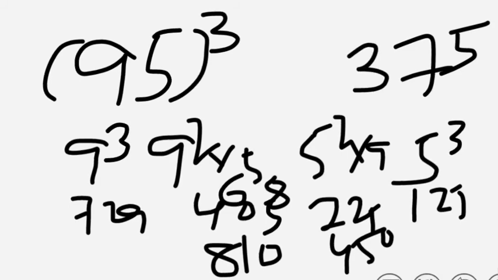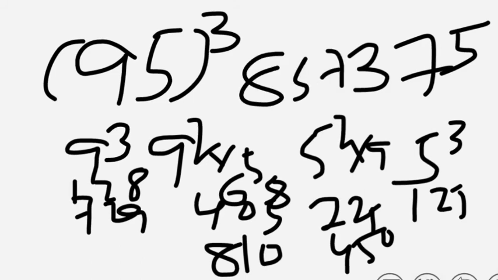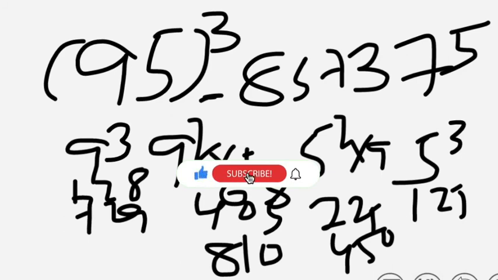So 128 is carried to the next number, so 729 plus 128, 857, so 95 cube is 857375, okay. So we have done 2-digit cubing.